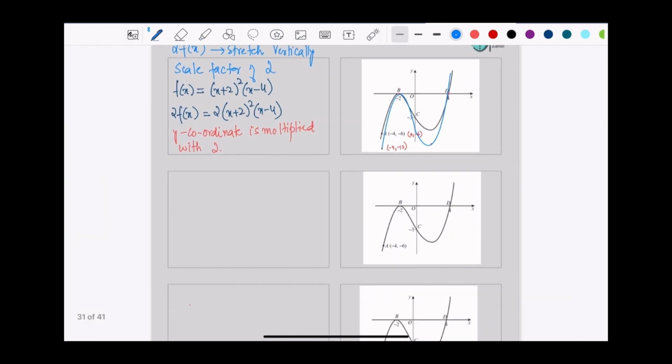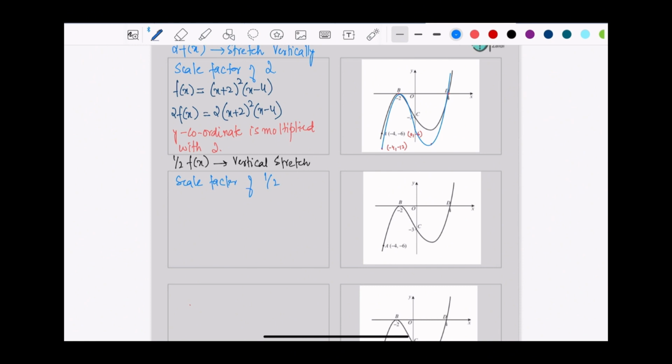So if I say half of f of x, again it's a vertical stretch with a scale factor of half, which means every y coordinate is going to be multiplied with half.